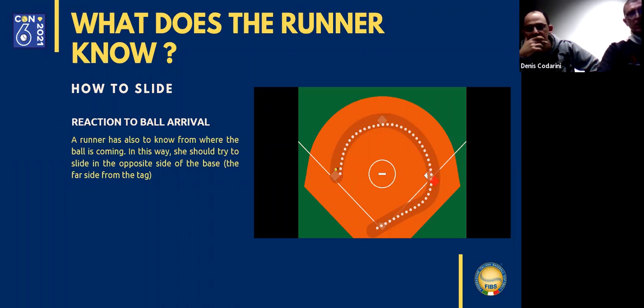When approaching third base, knowing the ball is arriving from the outfield, the base runner must attempt to slide into the internal part of the base, that being the furthest away from a potential tag from the third baseman. The base runner always maintains the objective of avoiding the tag.